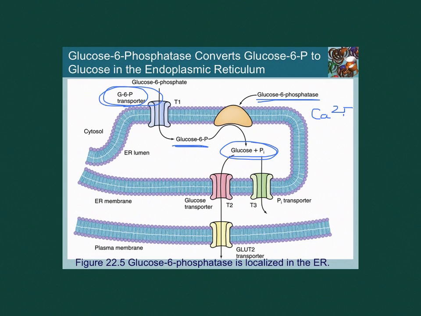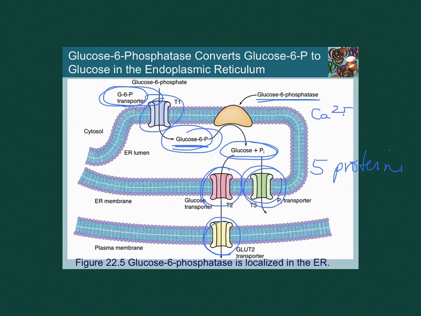Once we've hydrolyzed glucose and inorganic phosphate, the glucose is transported out of the endoplasmic reticulum and then transported out of the cell. Inorganic phosphate is transported out of the endoplasmic reticulum by its own transporter protein. All right, so there are 5 proteins required to hydrolyze glucose 6-phosphate. 1, 2, 3, 4, 5.